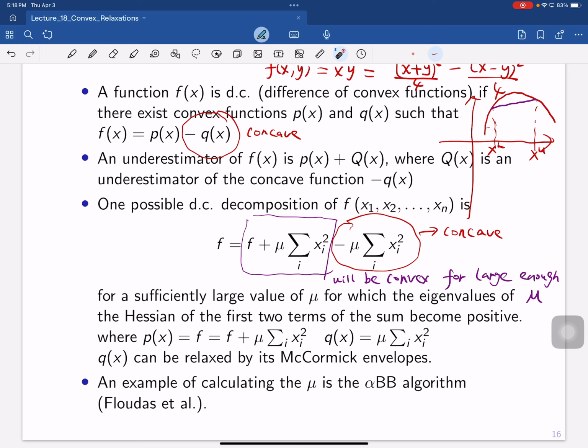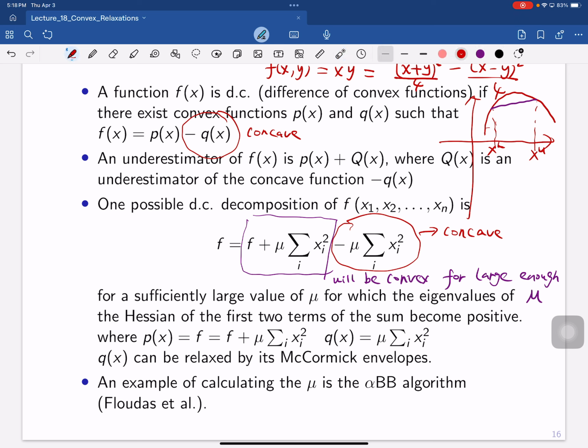Because once mu gets big enough, your quadratic term dominates the whole thing, and since it's quadratic, it'll always be convex. Right, yeah, exactly right. So let's assume the functions are differentiable to the second order, and let's assume the Hessian of function f is bounded, and not positive semi-definite.